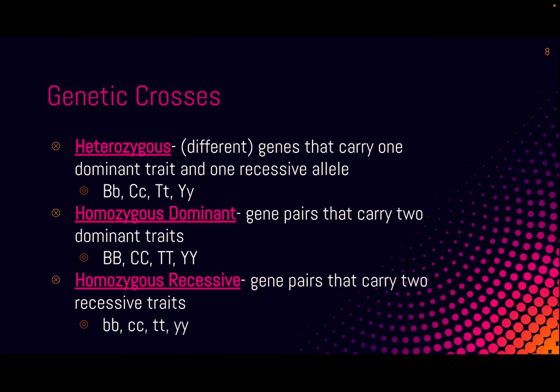The beginnings of these words, so hetero means different, and the prefix HOM in homozygous means same. HOM means same, hetero means different. Because in heterozygous you have one of each allele, but in homozygous you have two of the same alleles.